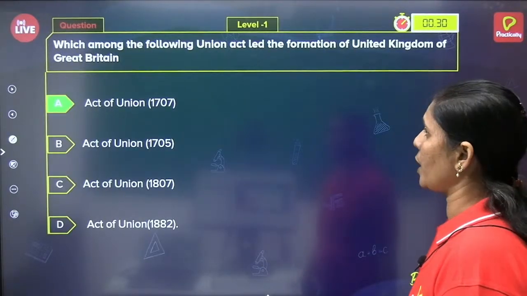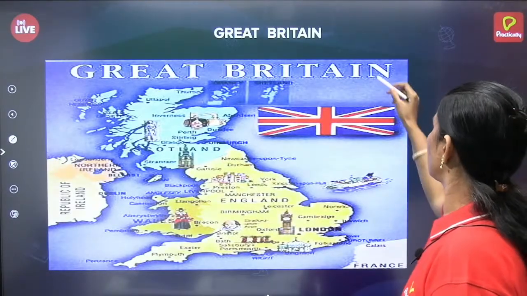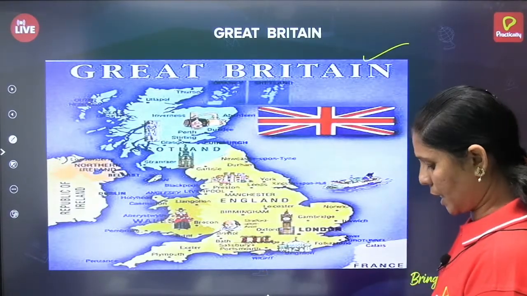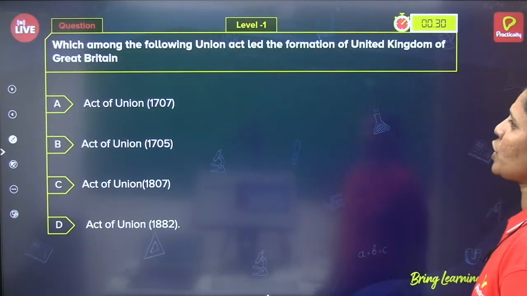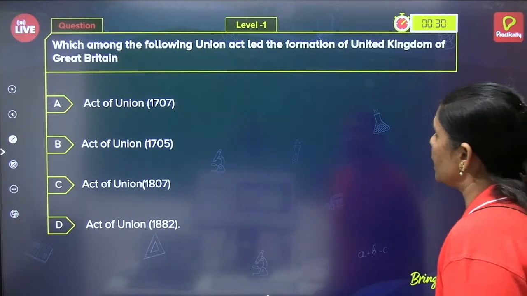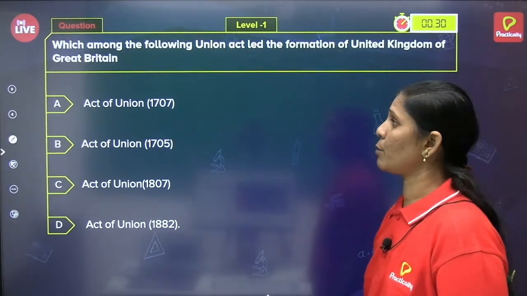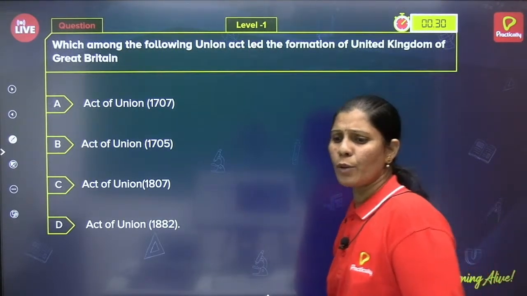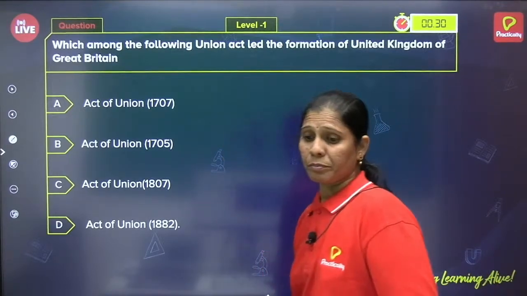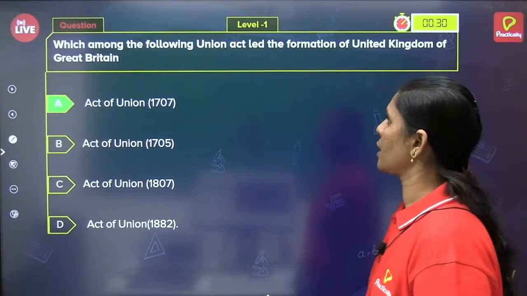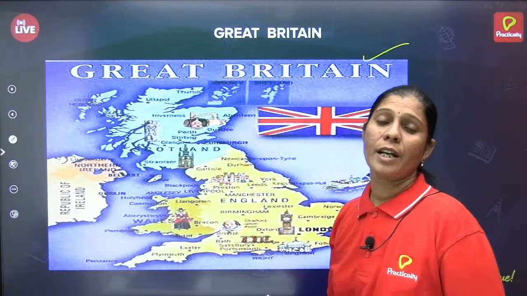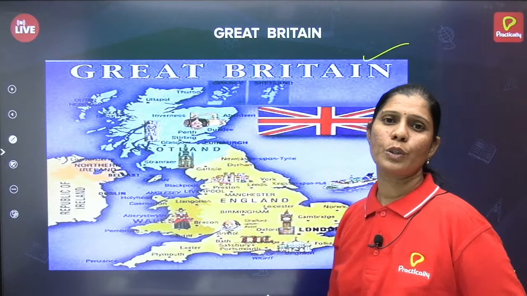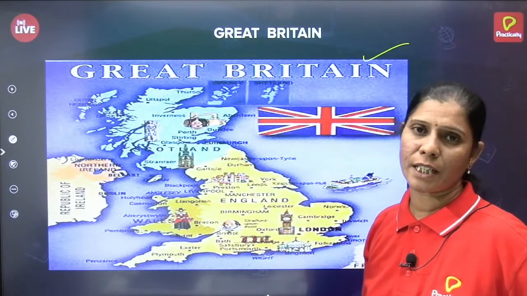Next, we have another question about Great Britain. Which among the following Union Acts led to the formation of the United Kingdom of Great Britain? When you look at different countries, the situation is different, but in Great Britain there were no wars, it was a bloodless revolution.